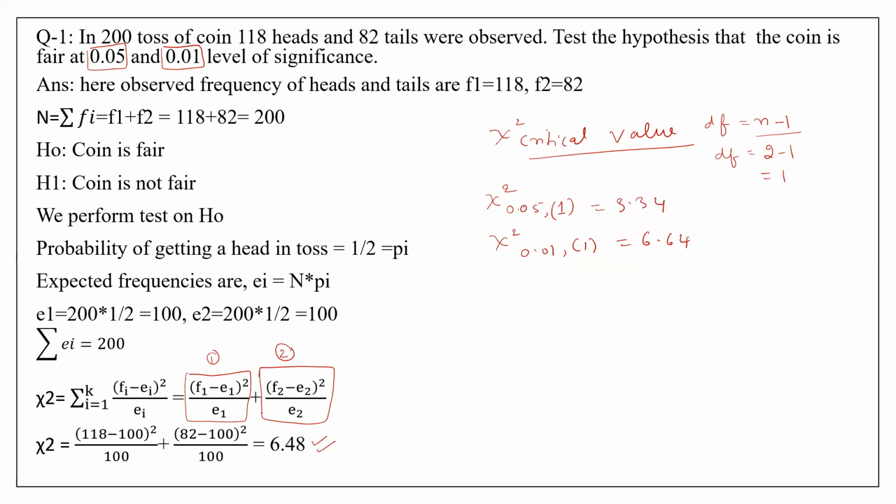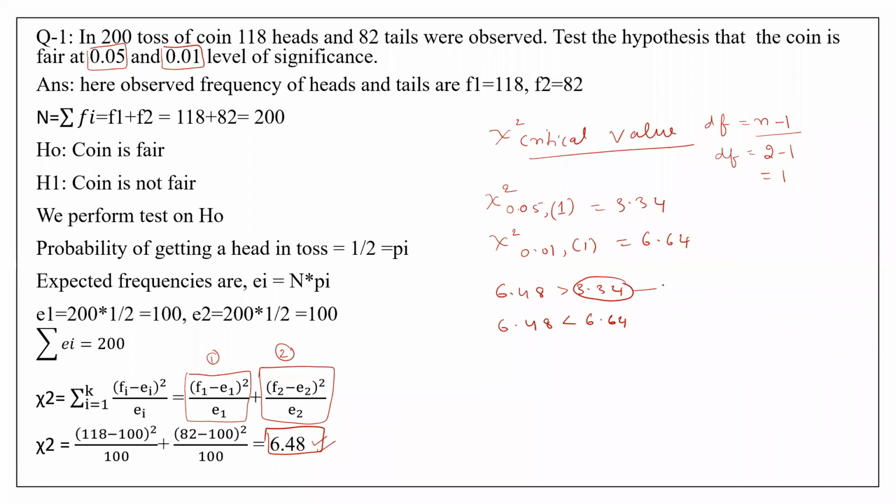Now we have to compare the chi-square value, which is 6.48, with these two values. So now we can check that your 6.48 value is greater than 3.84 and your 6.48 value is lesser than 6.64. So 3.84 is the critical value for 5%.